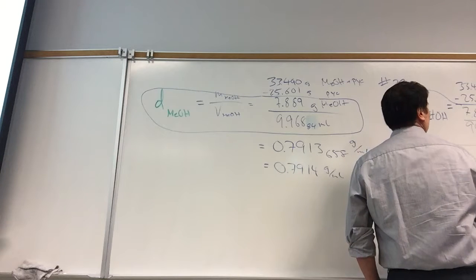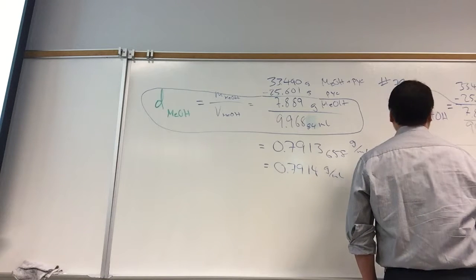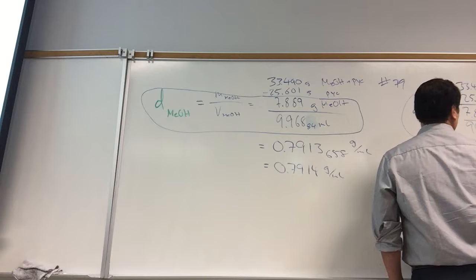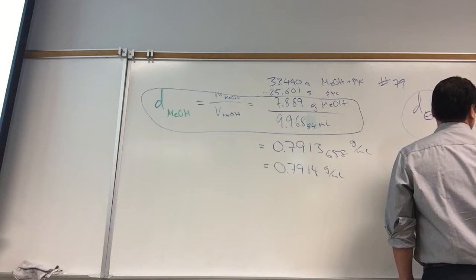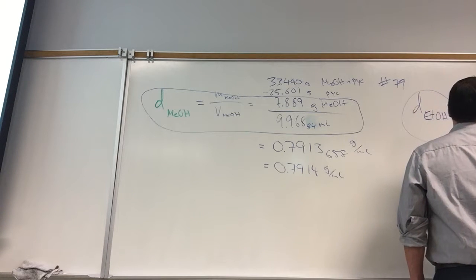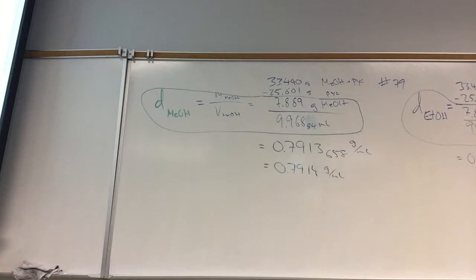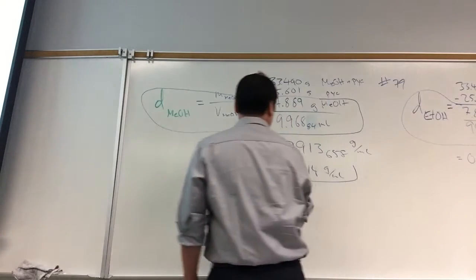And this is going to equal 0.789359 grams per milliliter. Okay, which one's more dense? This one's more dense.